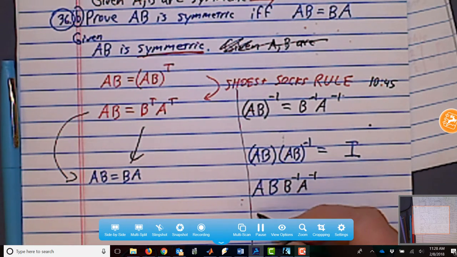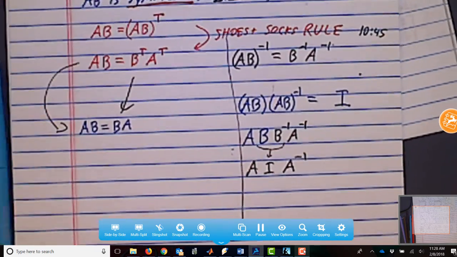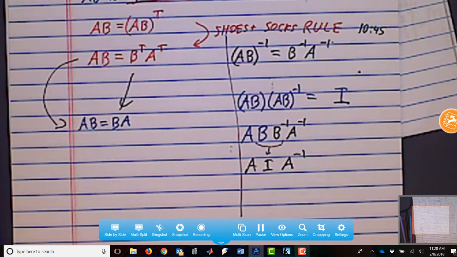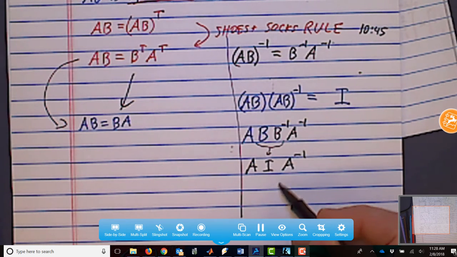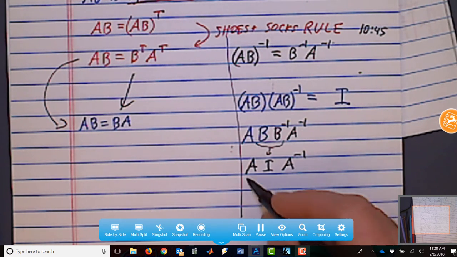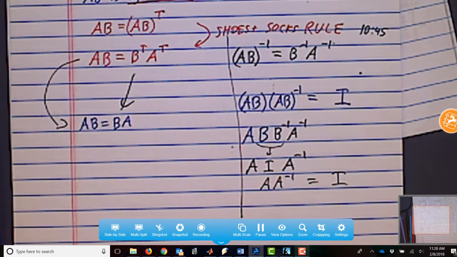Because then what happens? You get A I A inverse, because this part in here is the identity. And remember, you can't switch the order, but you could switch the grouping. And so you get B B inverse is I, and now A times I is just A, and now what's A times A inverse? That's identity. Does that make sense to people?